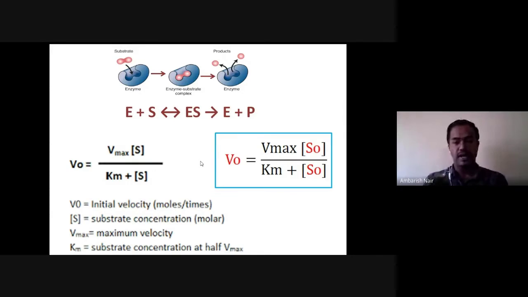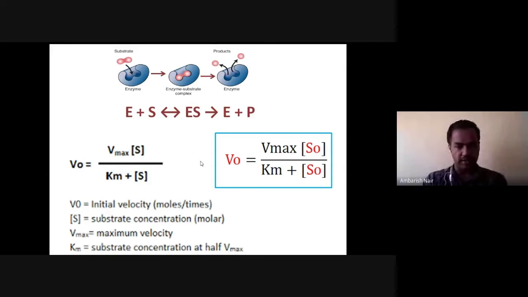So V naught means the initial velocity of the reaction, S is the substrate concentration, S naught is the substrate concentration at the initial level, Vmax is the maximum velocity, and Km is the Michaelis-Menten constant. It can be clearly written as the Michaelis-Menten constant, or else the substrate concentration when V naught is half Vmax.